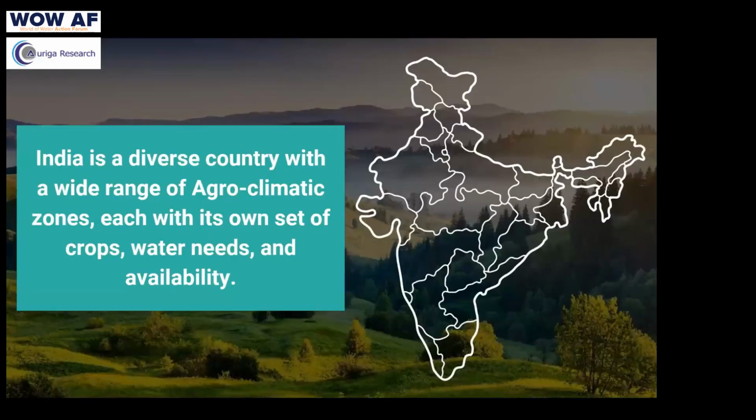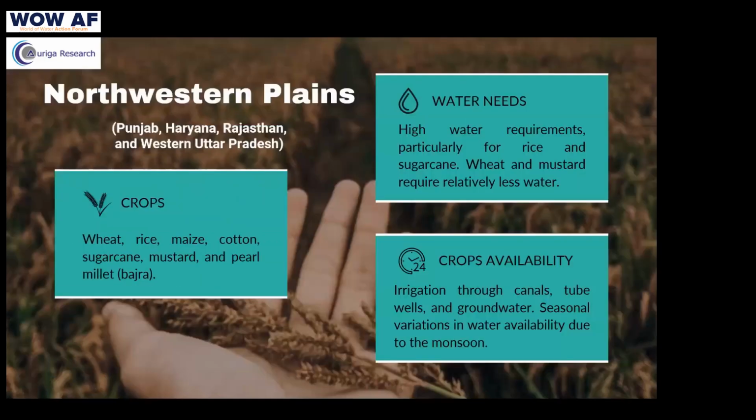Now, if you look at the wide range of agroclimatic zones that we are endowed with, each agroclimatic zone in itself has a different set of crops, different water needs, and different types of water available. So we could have completely monsoon dependent or rainfall dependent geographies, and some irrigated geographies.